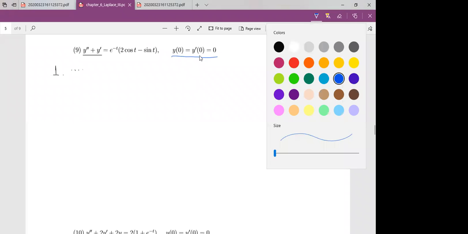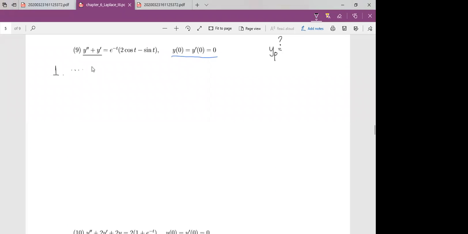Then you simplify your equation to have s squared plus s. Now that all the initial conditions are 0, the only left-hand side is those two terms. And then your right-hand side is the transform of this whole thing.